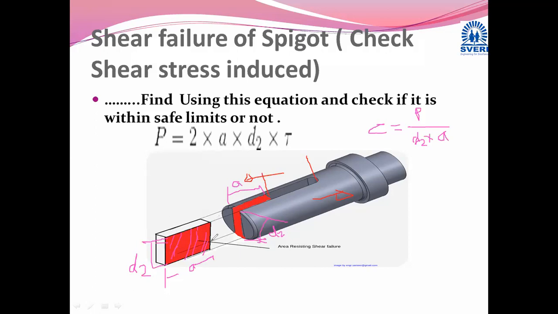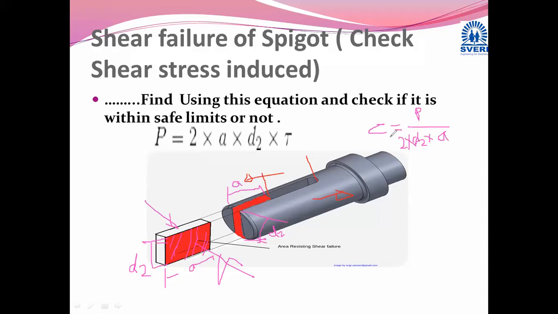There is nothing but this front view, and exactly opposite to that from this side, this area is also undergoing the shear. So we have to just double it so that we can calculate the exact area which is undergoing the shear. So once you calculate this shear stress, then we can calculate the load carrying capacity of this pivot also for the shearing.